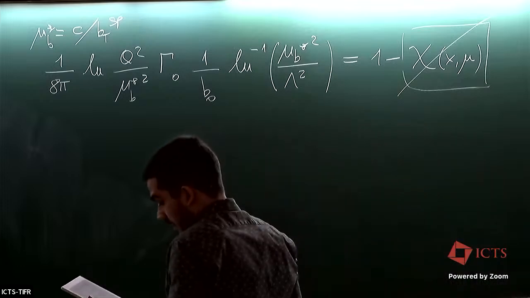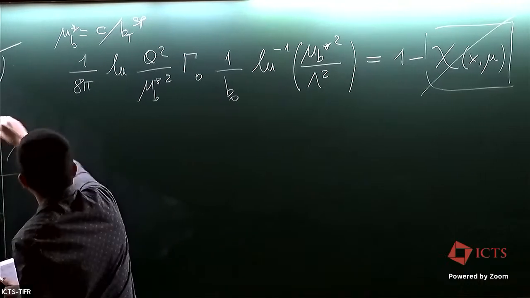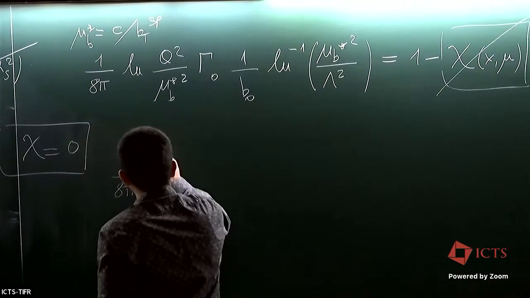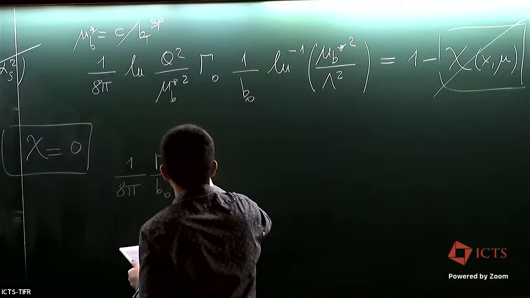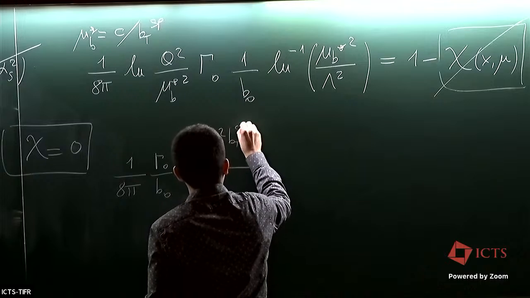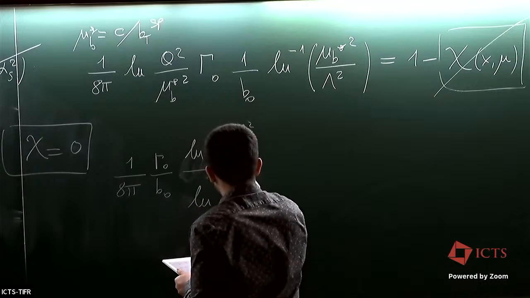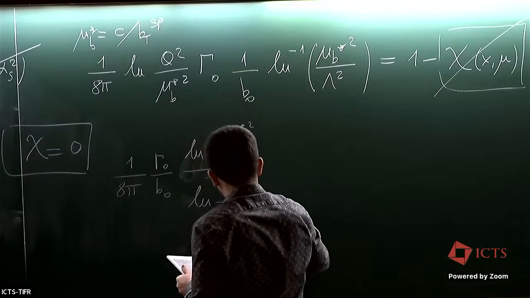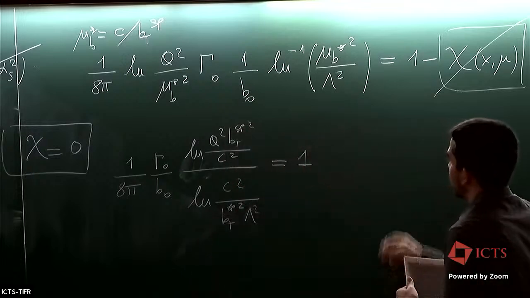If I work in the assumption capital X equal to 0, the equation becomes 1/8 pi gamma 0 divided by B0, then I have a ratio of two logs. The log of Q square BT saddle point squared divided by C squared, and the log of C square divided by BT saddle point squared times lambda squared, equal to 1. Okay, I'm just combining the logs here.